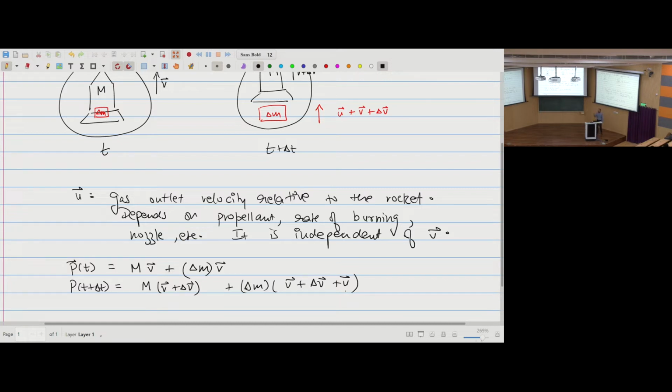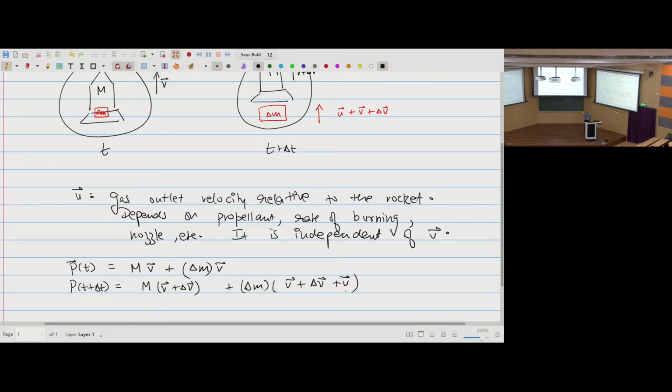For those who have joined late, we are discussing the rocket flow problem. We have to remember that a system has to be defined. You can only apply Newton's second law, whatever form you are using, for a collection of mass particles, because Newton's second law says that the force acting on a system of particles is the time rate of change of the momentum of that system of particles.